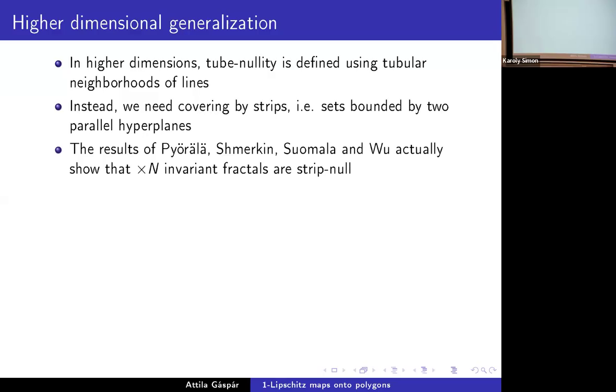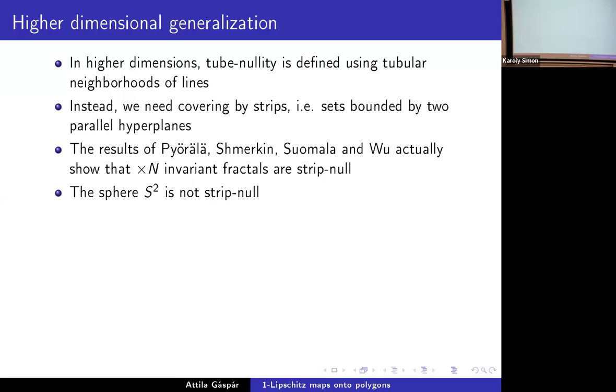So this means that the answer to Kolmogorov's question is positive also for this class of higher dimensional fractals. But still, the strip null property is significantly stronger than the tube null property. For example, the sphere is not strip null, because it is well known that if we take the intersection of a sphere and a strip, then the surface area is proportional to the width.